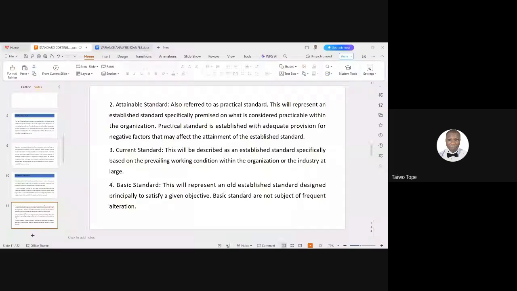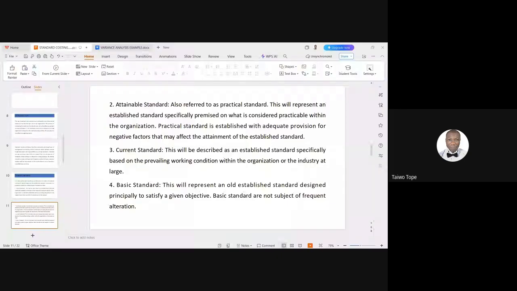As humans, there will be times that you will need certain rest and you might not be at your workplace. This standard recognizes that there will be idle time, and times whereby the machine will even break down in an organization. So this standard is termed the attainable standard.